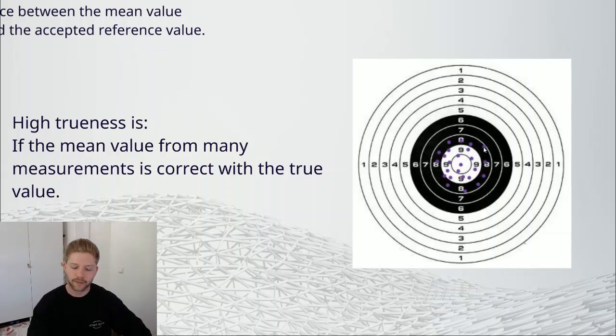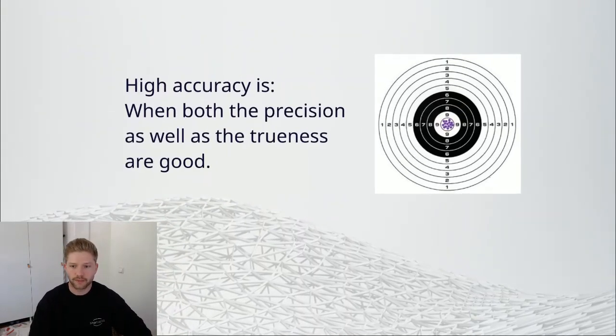In general, what is important is that you have to combine these two. High accuracy means that the precision and the trueness are both good. For example, if the first scan after the calibration is very good and close to 10, but after the second or the 50th measurement you have bad results, then it's useless.